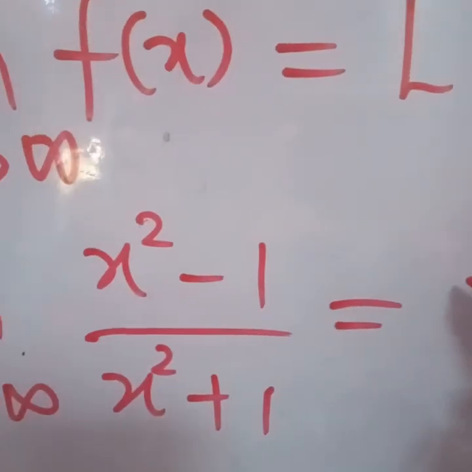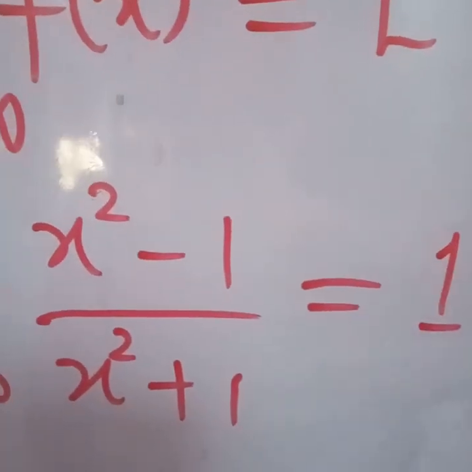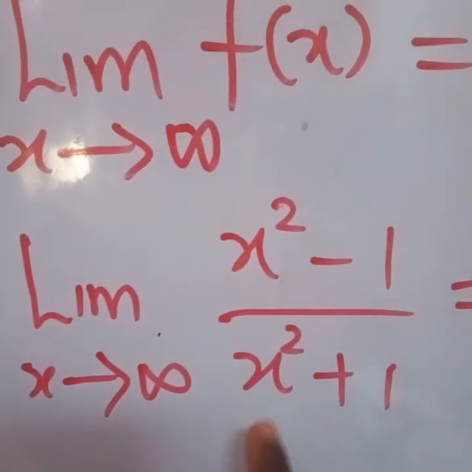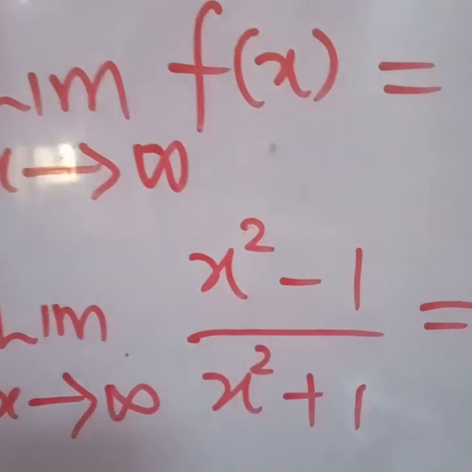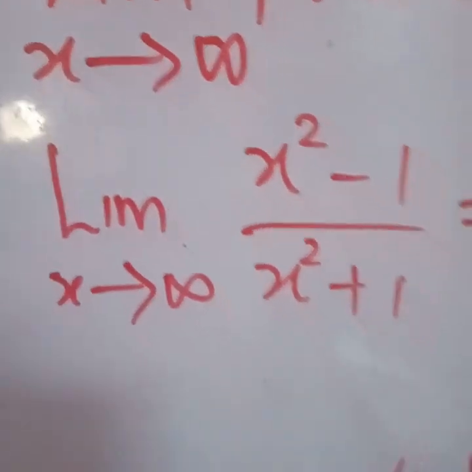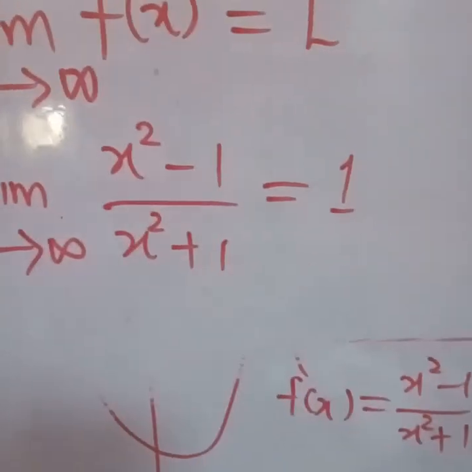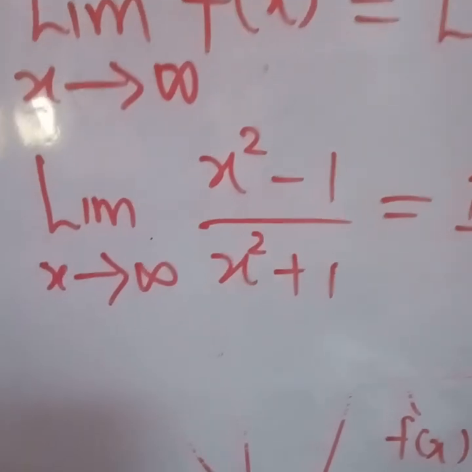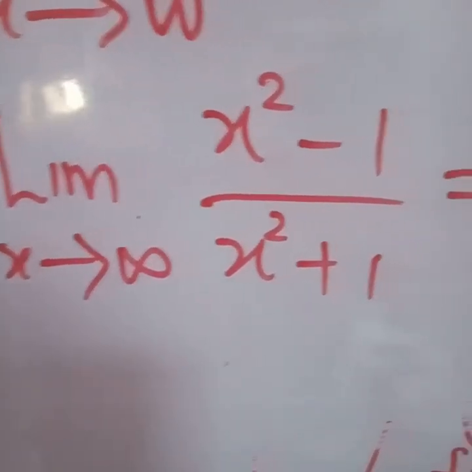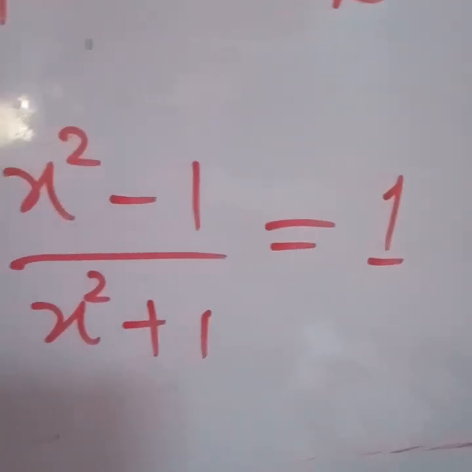What this means is that the limit of this is 1. As x tends to infinity, evaluating this tends to 1. And that's how it behaves when we draw the graph of this function. So as x approaches positive infinity, the limit of this function is 1.